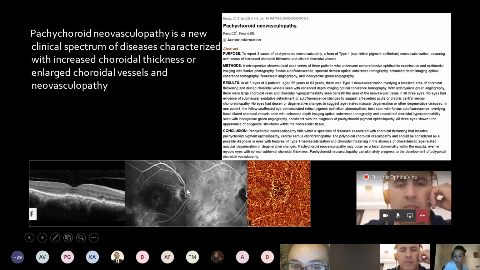As you see here, there is hyperpermeability and big choroidal vessels all along the macula, and in the center there is a plaque appearance which is characteristic for type 1 CNV. When I took this optical coherence tomography image from the patient, you can easily notice that there is a tangled, filamentous network in the center.